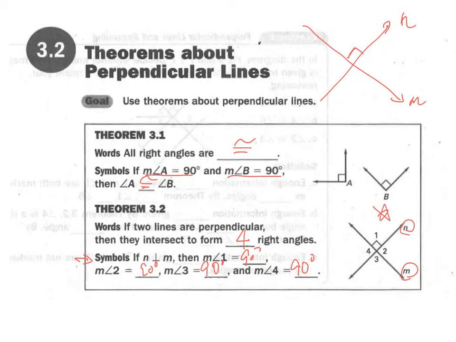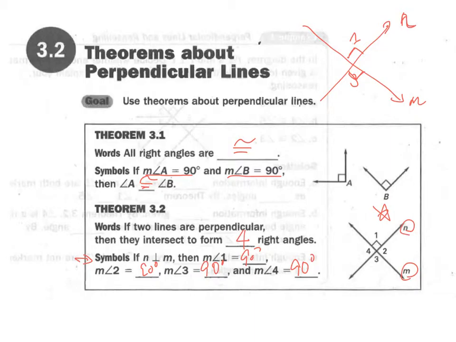If I have two lines, m and n, that are perpendicular, and as it's shown in angle 1, we have learned about vertical angles already. So if angle 1 is 90 degrees, angle 3 must be congruent because they are vertical angles. So angle 3 would be 90 degrees as well.